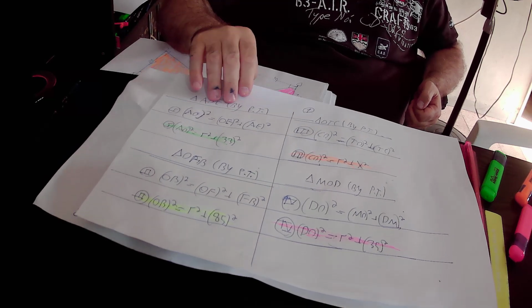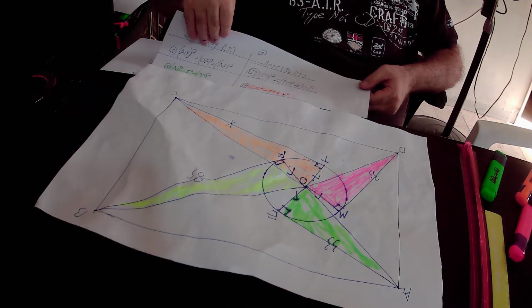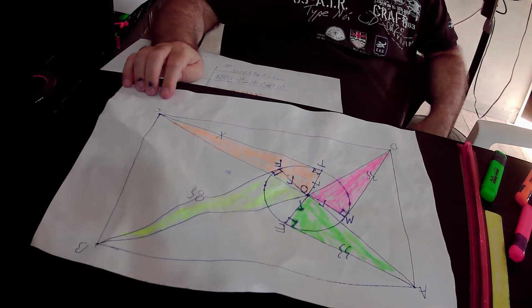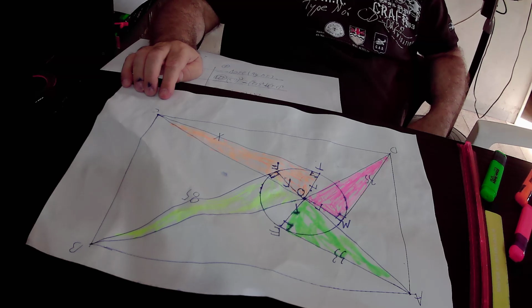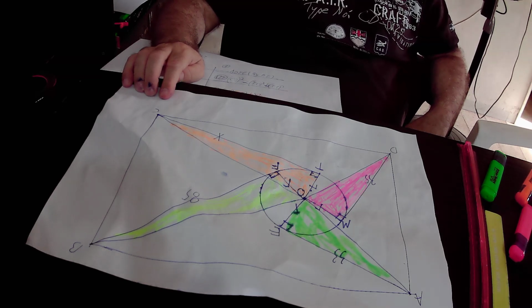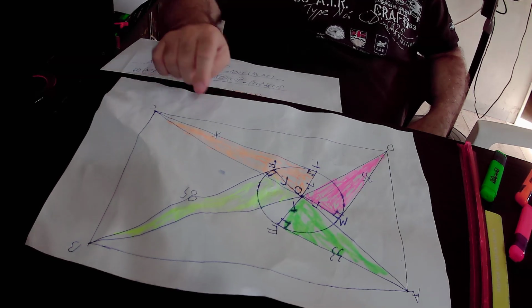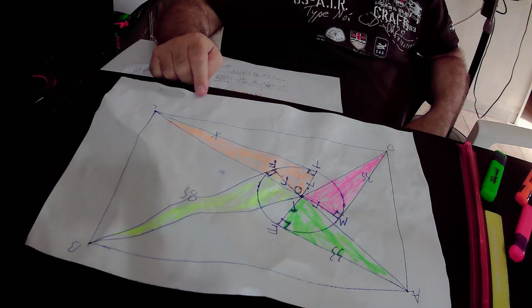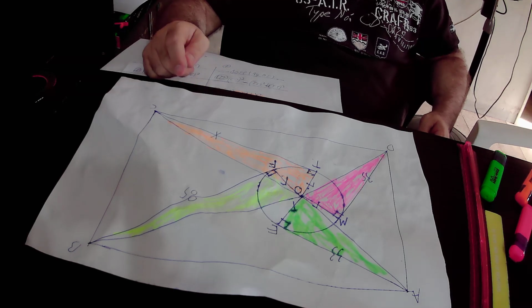And then we joined points C and O together by a straight line. In this way, we created the orange right triangle COT.